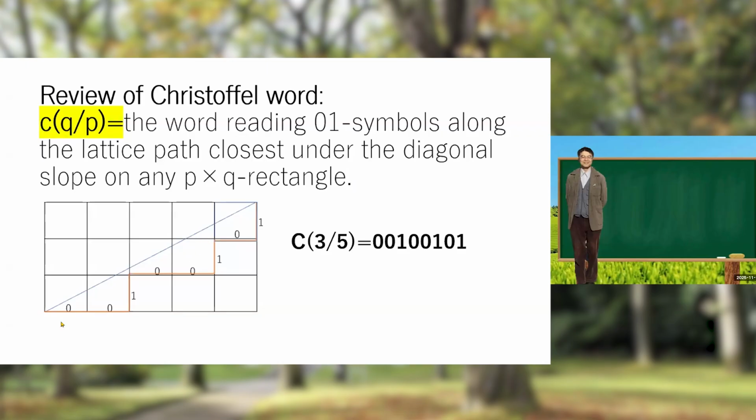Then take the closest lattice path to the diagonal, and read 0 and 1 from these steps. Then, for example, if the slope is 3 over 5, looking like this, we obtain the Christoffel word 001, 001, 01.